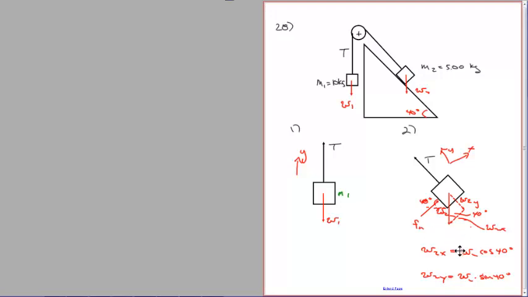And as far as this one is concerned, W2y, it's actually in the negative direction also. So it's equal to W times the sine of 40 degrees because it's the opposite side from the angle. So those are the components of the weight associated with this angle.